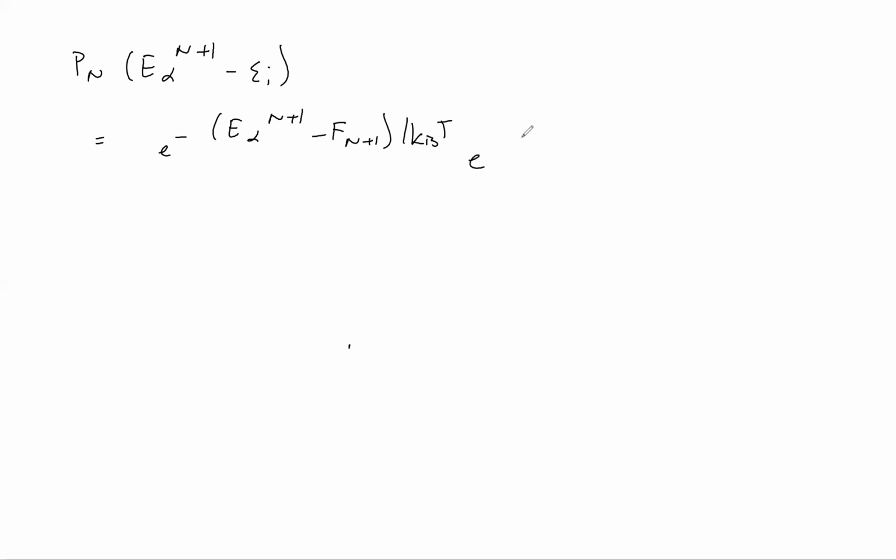Okay, let's keep going. All right. I'm going to call the difference in free energy between the n+1 electron configurations and the n electron configurations, mu.